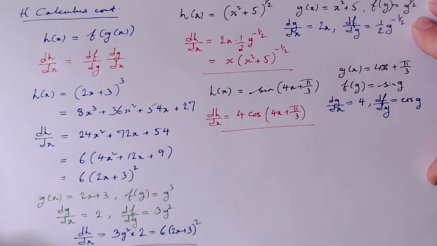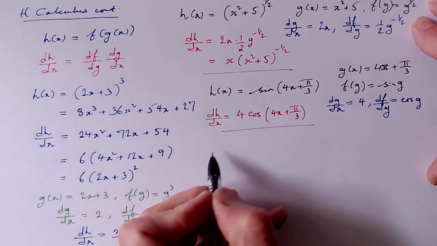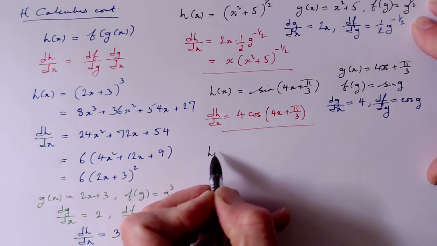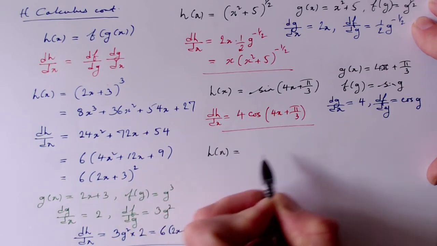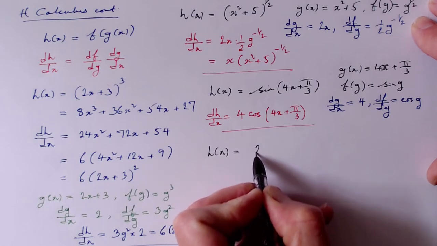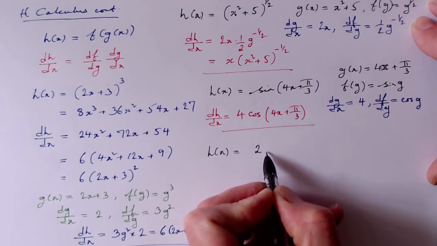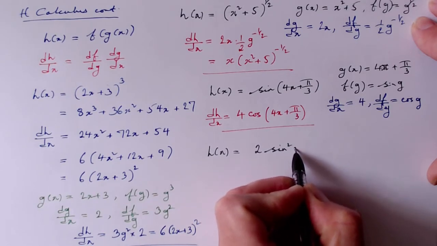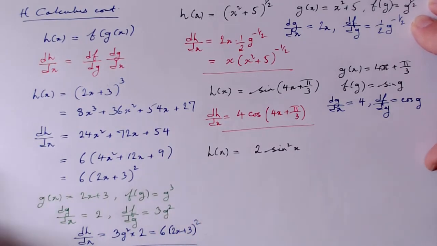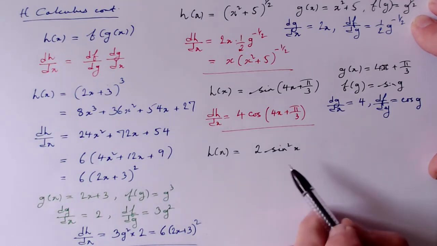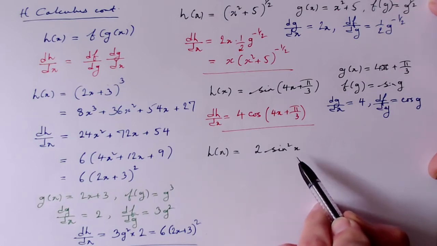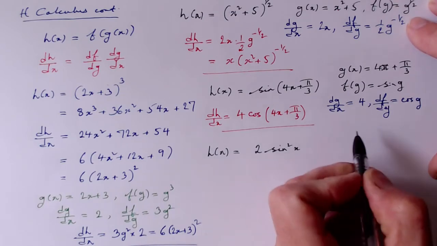Right, let's do another trigonometric example. Let's imagine we're differentiating h of x equals, for example, 2 times sine squared x. This one's kind of cutely different to the one we've just done, because now the inner function is actually sine x.